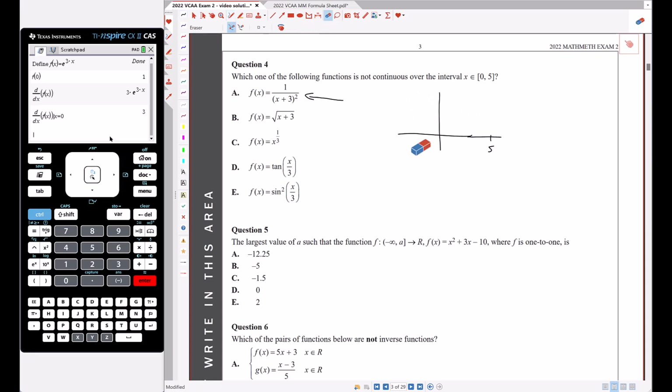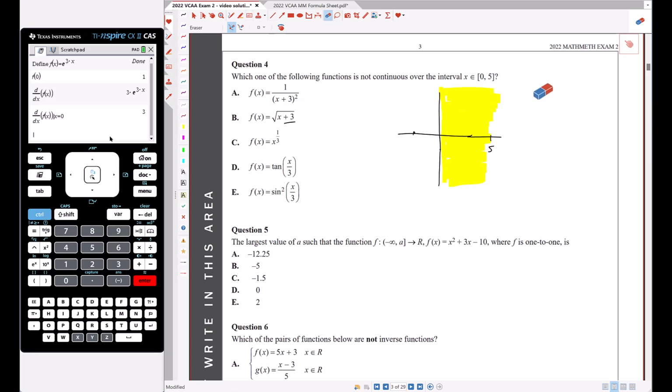Remember, continuous means we can draw the graph without lifting our pen. The square root graph is a square root graph translated to the left by 3 again, with no other things happening. So over 0 to 5, that is definitely continuous, in this region here.